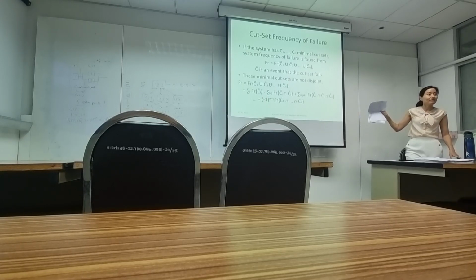You just need to be careful on how you choose your repair rates. You look at each of the cut sets. When there's a union of the cut sets, make sure that you pick just one equipment from those union of the cut sets.